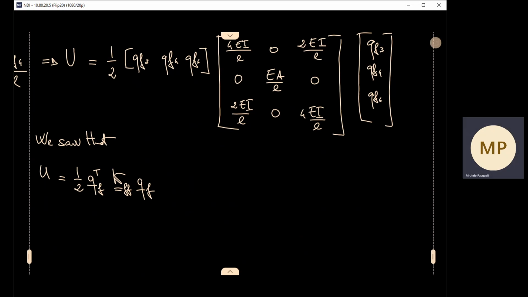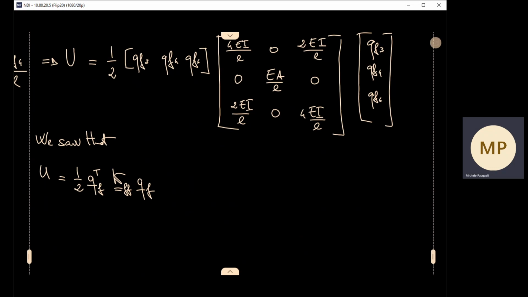Does it make sense? So first of all, it is symmetric, and this is already a relief. Second, is it actually correct? Can you actually guess if it's correct or not, somehow? Well, there are hints by which you can actually judge if this is correct or not. So for example, look at this term here at the center.